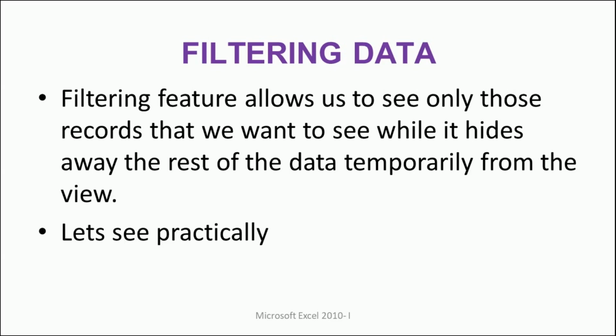In that list, the marks of all the students have been entered, and you want to see students who have scored above 90. So it will show you only the data of students who have scored more than 90 marks. The rest of the data it will hide. So let's see how sorting and filtering works practically, right?